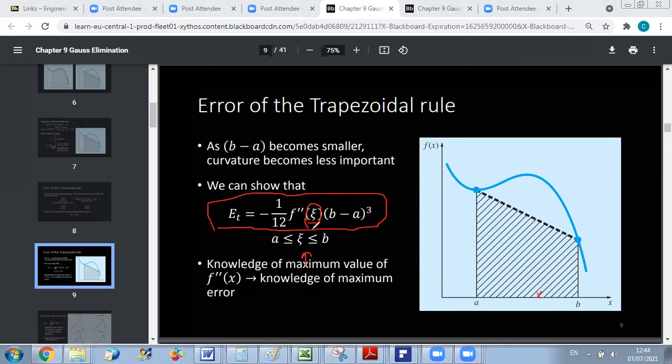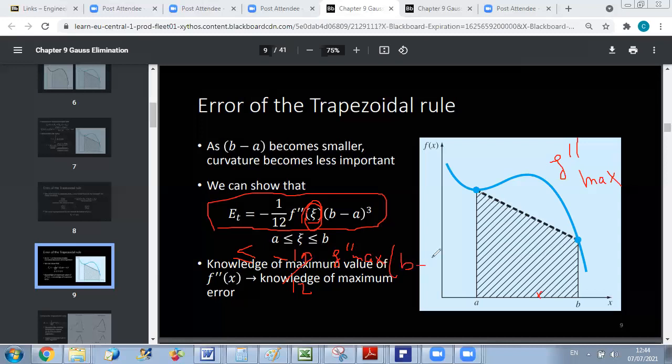Since we don't know the location of xi, we cannot estimate exactly what the true error is, but we can put a certain maximum for it. Because if I know in this interval what f second maximum is, then I can be sure that this error will be smaller or equal to minus 1 over 12 times f second maximum times (b minus a) cubed.